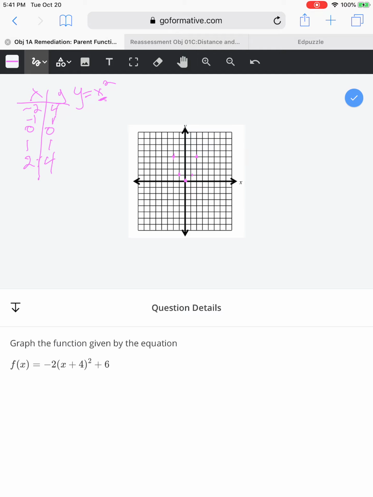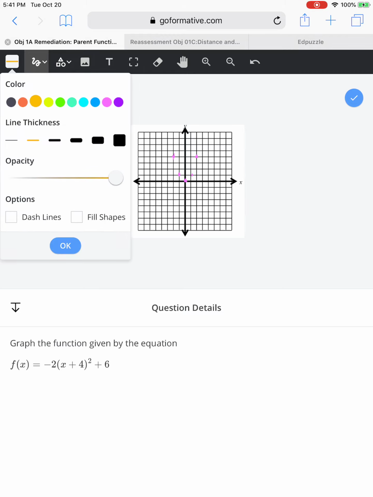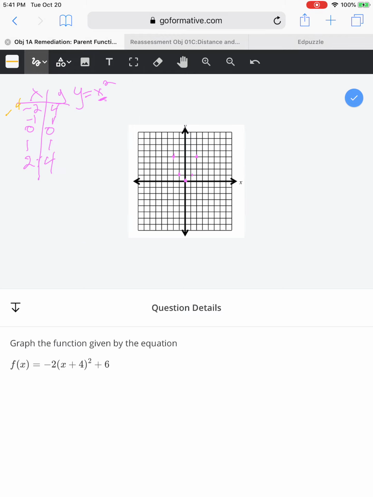So I look at my equation here, and the first thing I look at is it goes 4 to the left. And so what I'm going to do is subtract 4 from each of my x values.